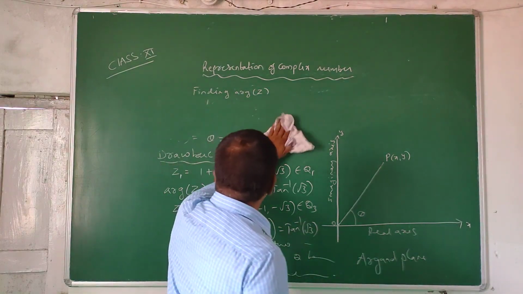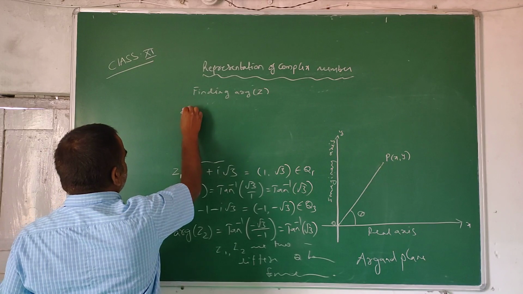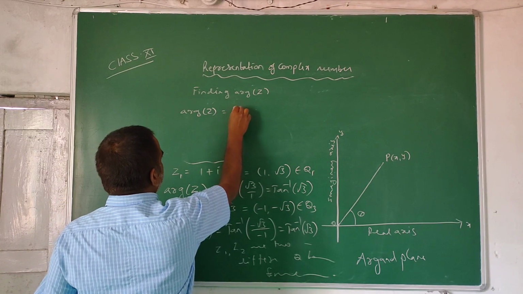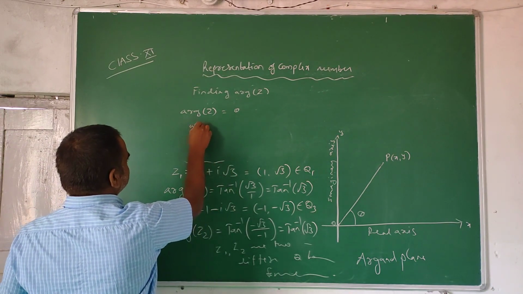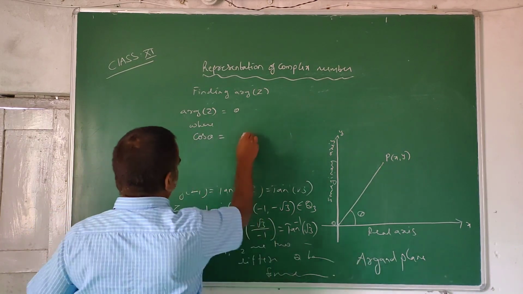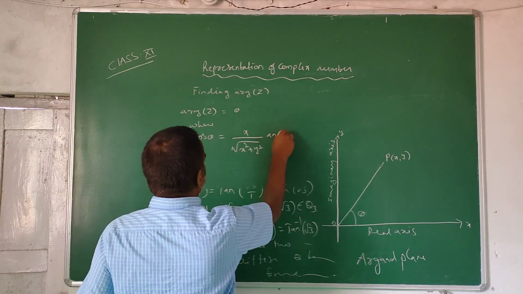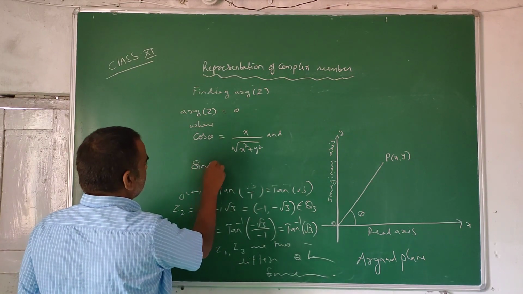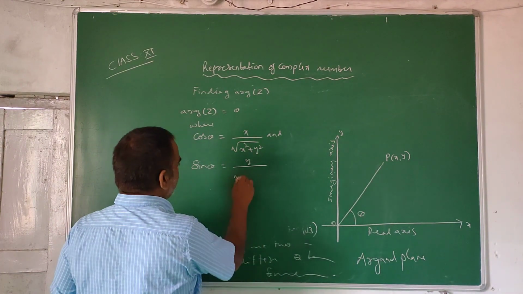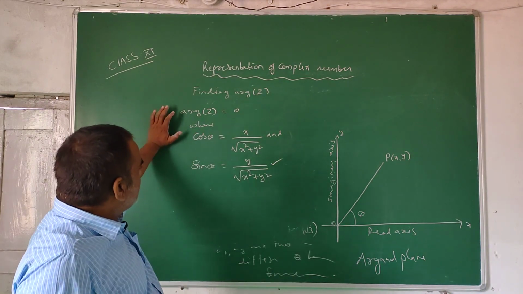In fact, argument of z is the simultaneous solution of the two equations cos theta is equal to x by root over x square plus y square and sin theta is equal to y by root over x square plus y square. So now you can use this successfully to find argument of z.